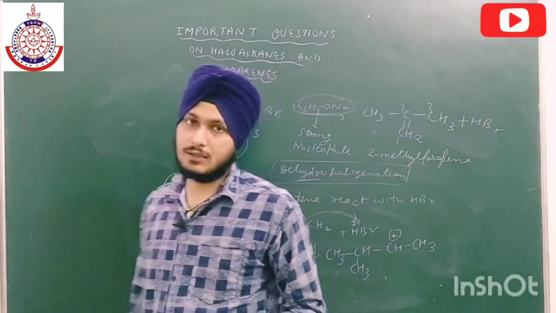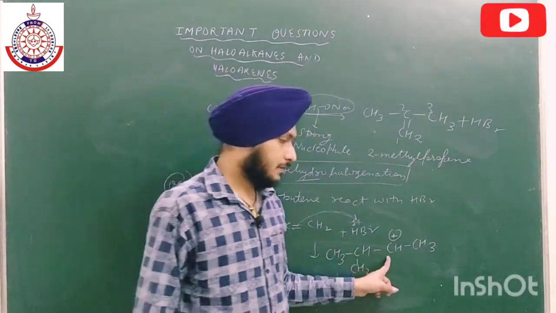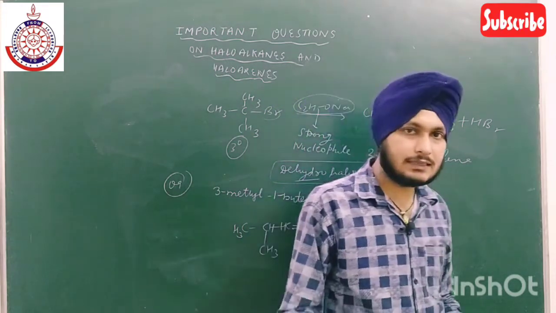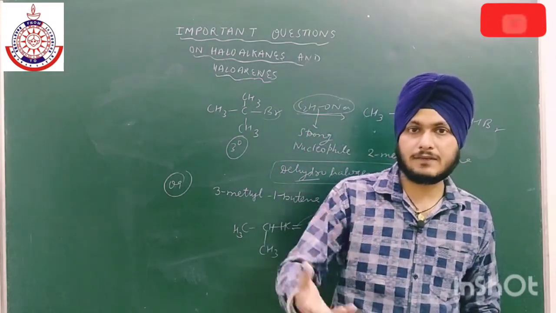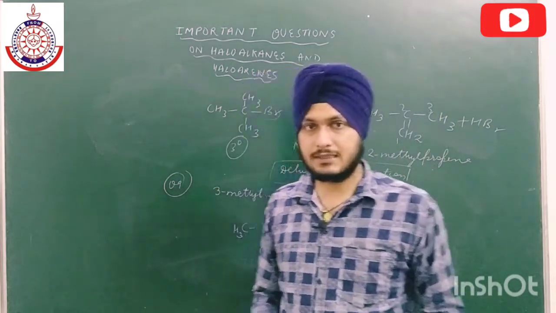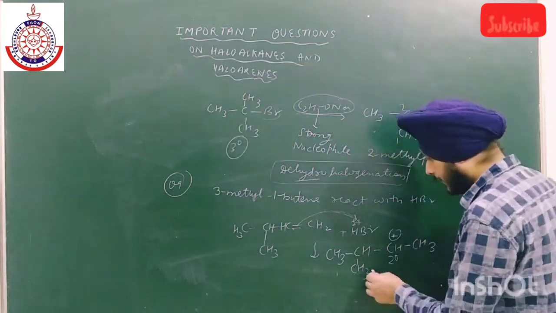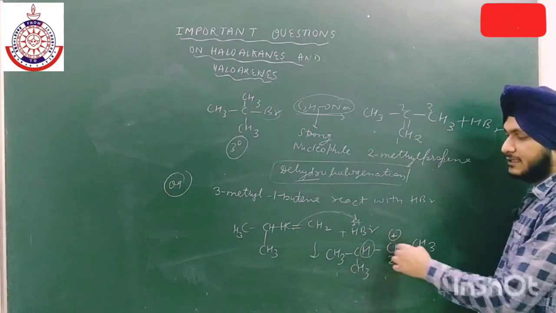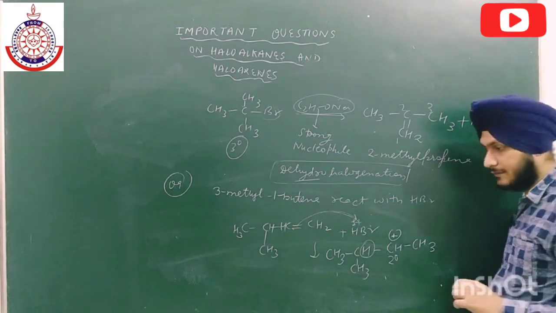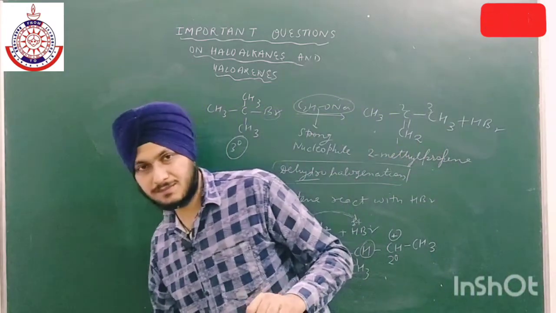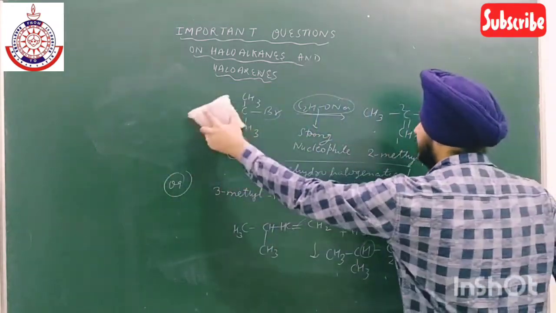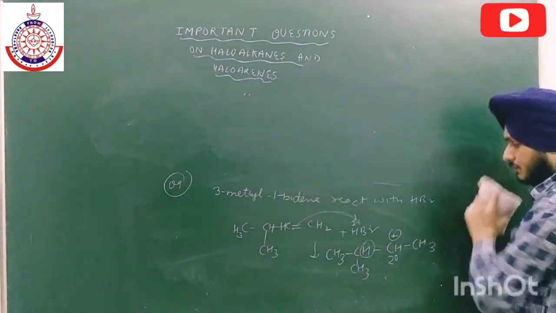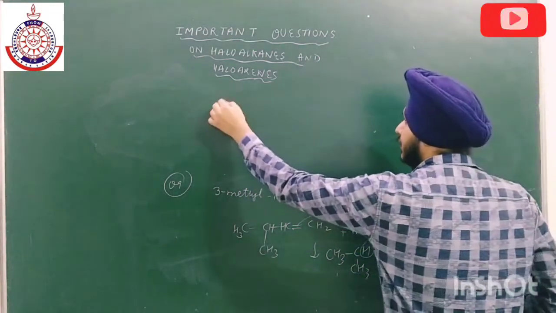Now the next step is very important. This carbocation is 2 degree. Is there any chance that this carbocation can be converted into 3 degree? Yes, we have a chance. If I shift this hydrogen over here, this is known as hydride shift.